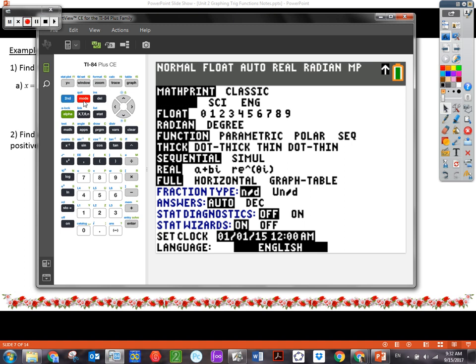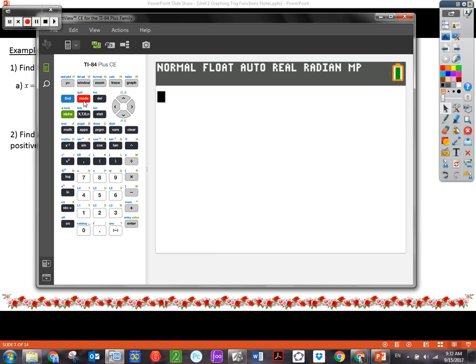Now, as I was telling you earlier, you are smarter than your calculator. Your calculator only knows how to give the function values. It does not know how to give all. There's no button on here that you can say, I want all arcsine values. It doesn't know how to do that. So we go ahead and it's right here. See, the little arcsine is right above the little blue one. So we hit second sine, and we want arcsine of 0.67.